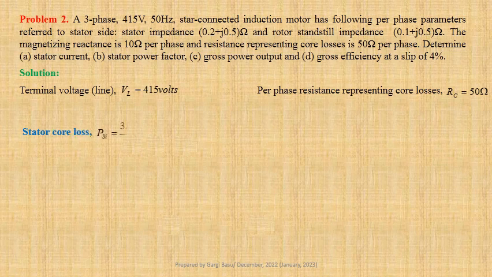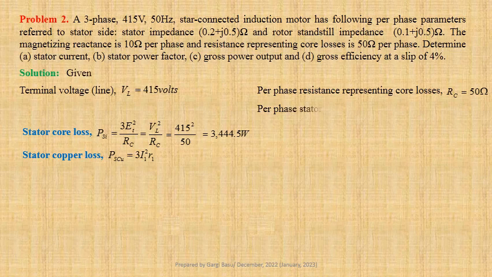Let us now determine stator core loss. Psi equals 3 times Et squared by Rc or VL squared by Rc. Using values we get 415 squared divided by 50, that is equal to 3444.5 watt. Now we shall calculate stator copper loss. Ps copper equals 3 times I1 squared into R1.